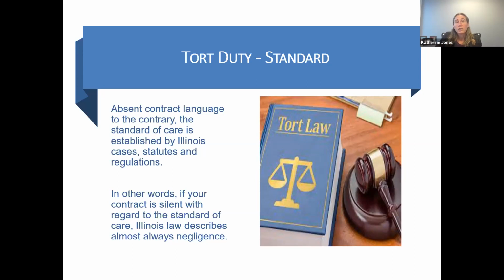It also comes from statutes and it comes from regulations. And so when you are practicing your profession, you do owe this duty to anyone that is reasonably foreseeable that you could harm if you act in a negligent manner.